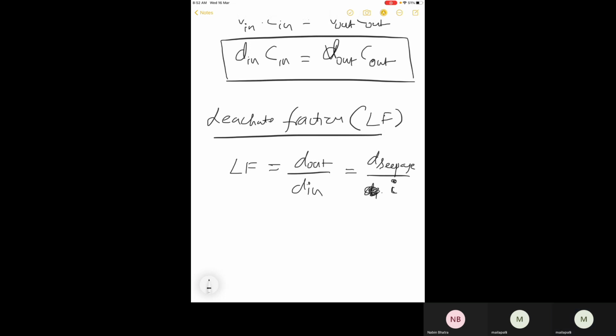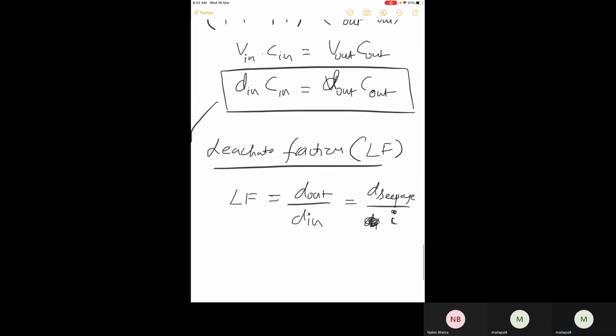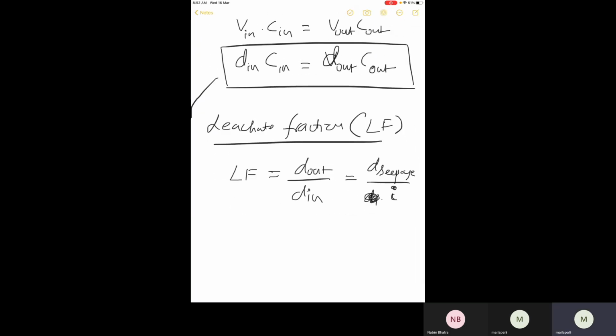Okay, so if I put this LF in the first equation, so in this equation, sorry, so if I put this in this equation, D in, I can substitute, like I'm going to bring that equation down.